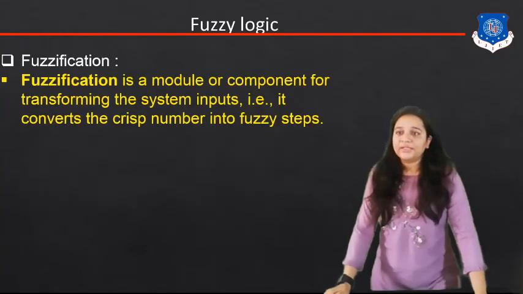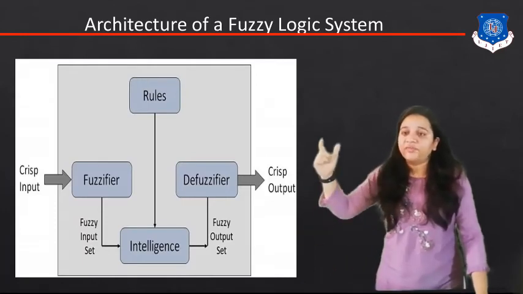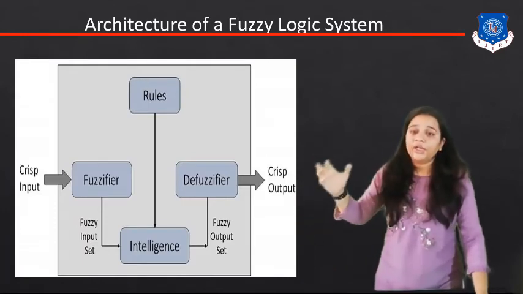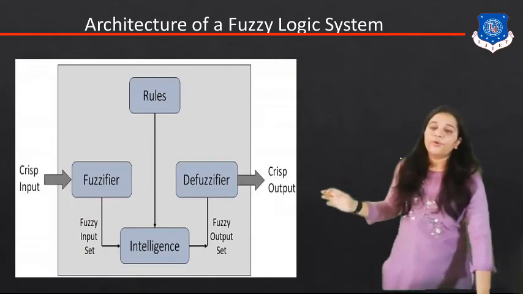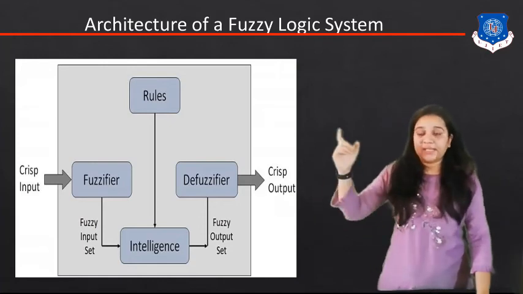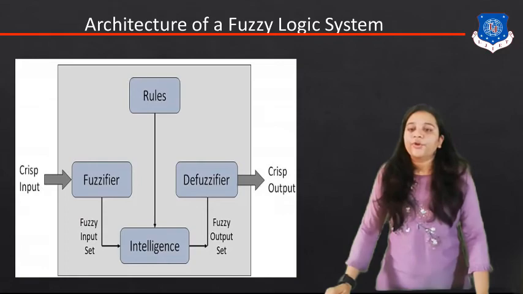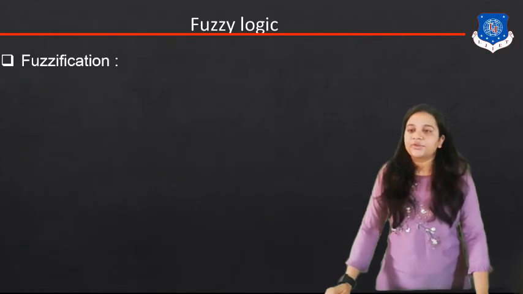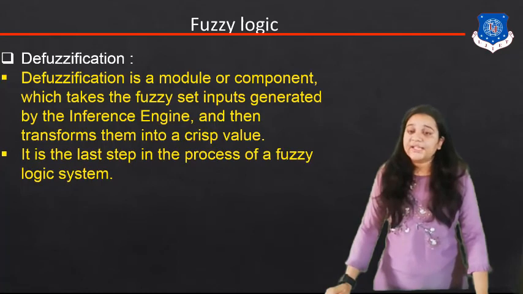Here you can see in the block diagram, whatever input is given to the fuzzification is converted and passed to the inference engine, then the fuzzy output set is given to the defuzzification, and the output of the defuzzification is the crisp output. It is the last step in the process of the fuzzy logic system.